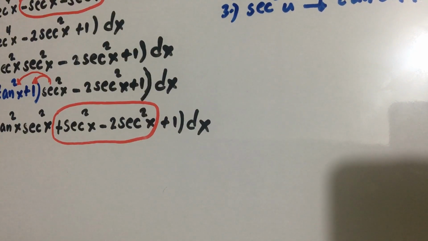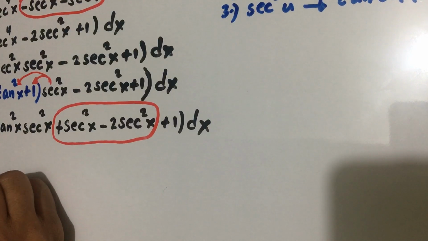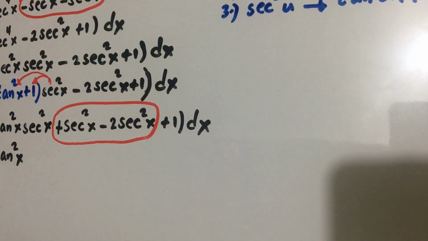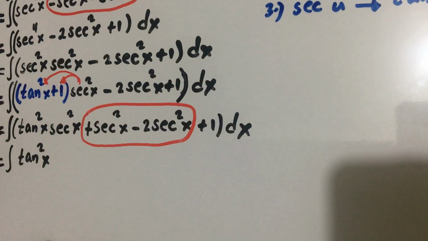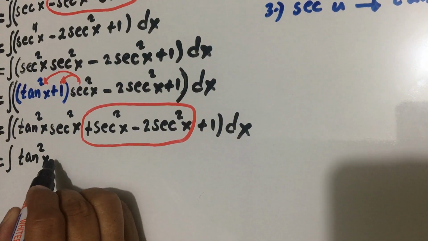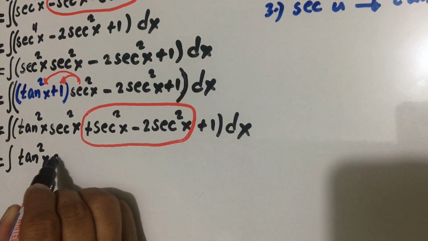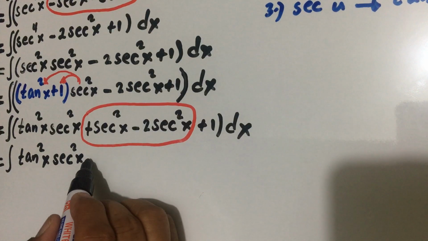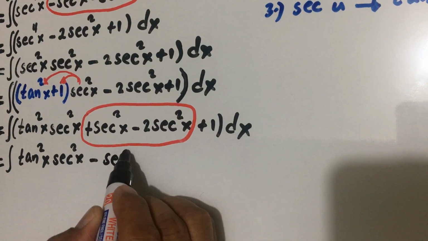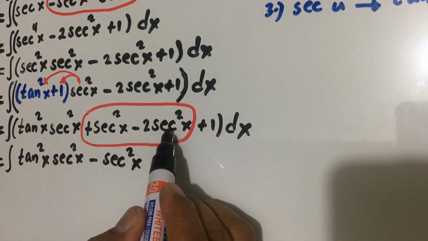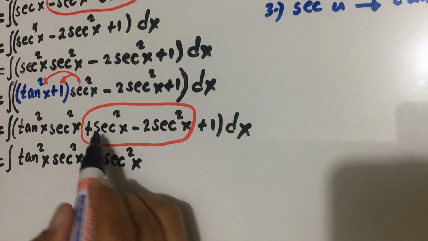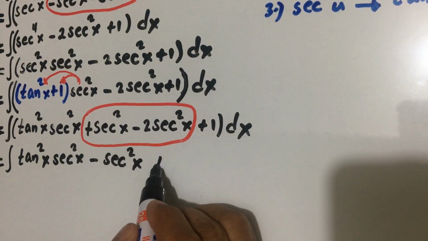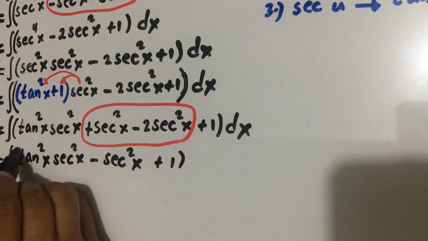So combining them, we have integral of tangent squared x times secant squared x, and this one becomes minus secant squared x. There are two parts here, negative. There's one part here, positive. So when you combine them, we have this left. Then plus 1 times dx.